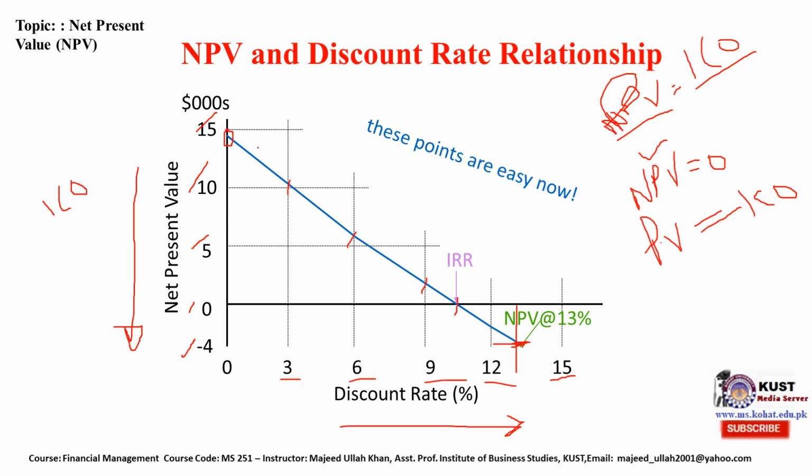It is obvious from the graph that there is a negative relationship between NPV and discount rate, and even between present value and discount rate. The higher the discount rate, the lower the NPV. The higher the discount rate, the lower the present value. So when we increase the discount rate, it gives us a lower NPV.